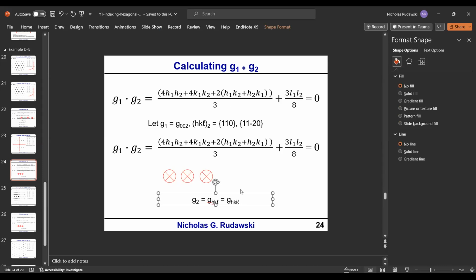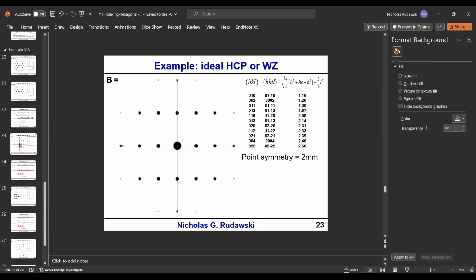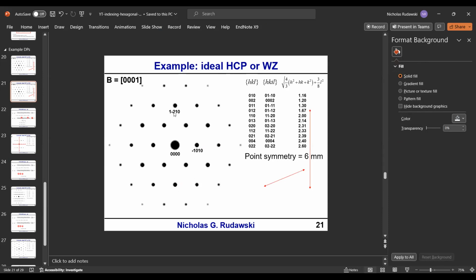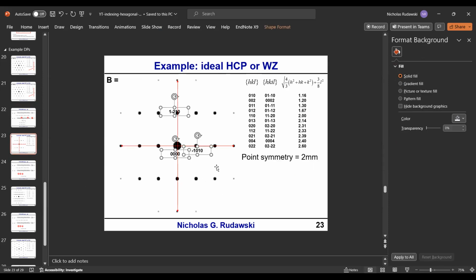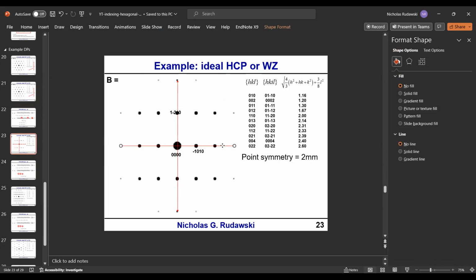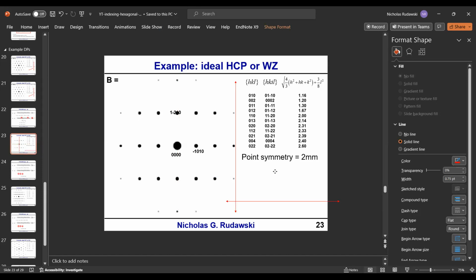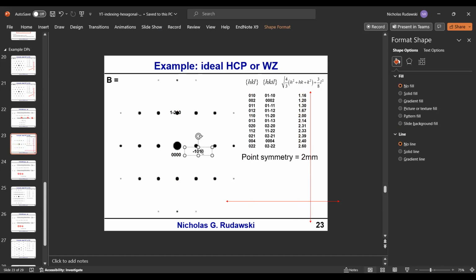So again, we go back to the slide here, and let me copy some stuff here. Get these out of the way. Okay, 0002, 1, 2 bar 0 right there.